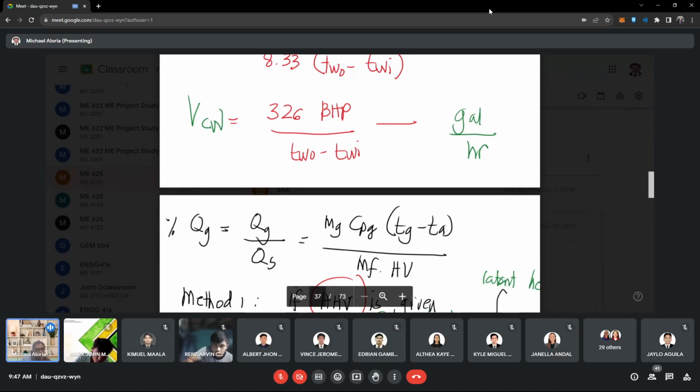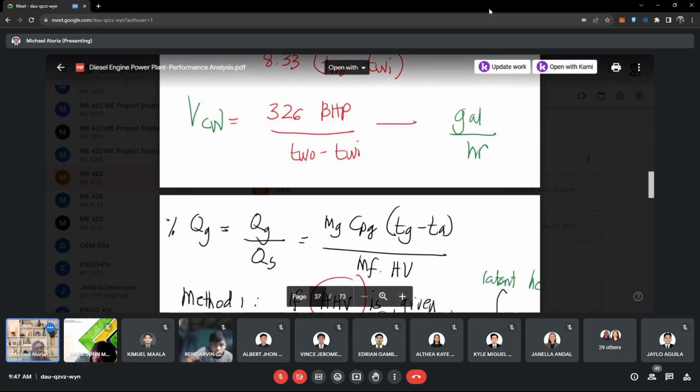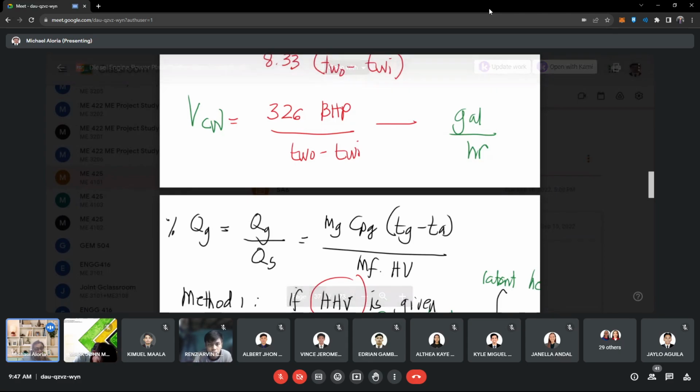So yun yung formula. Yung QG natin, we can compute also using MCP delta T. M represents your mass nung exhaust gas natin, CP nung exhaust gas times your delta T. Ang delta T natin is TG, temperature ng exhaust gas, minus temperature ng air.